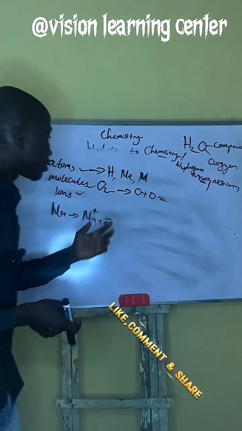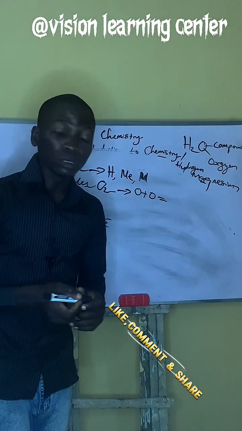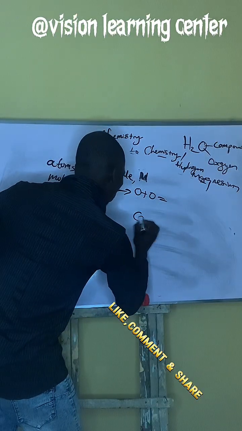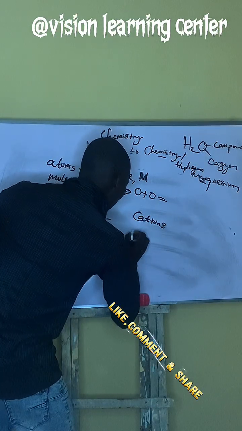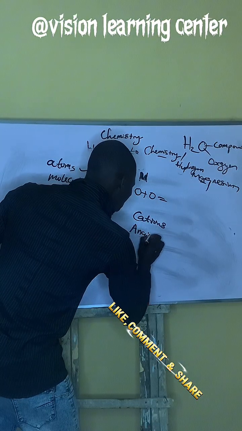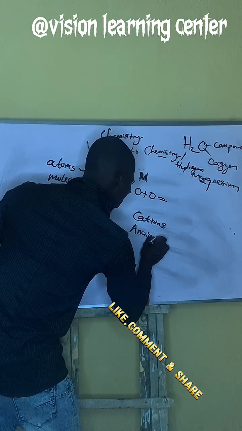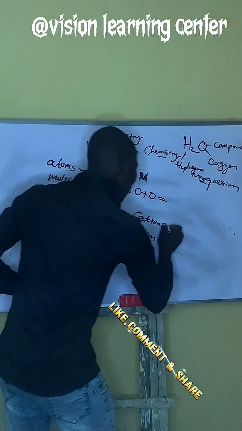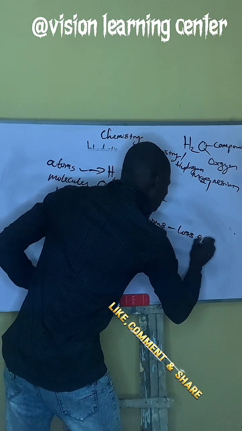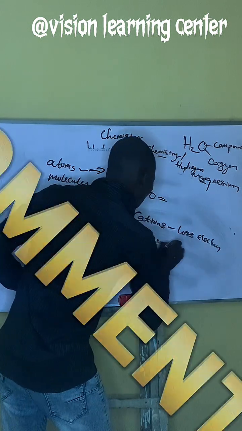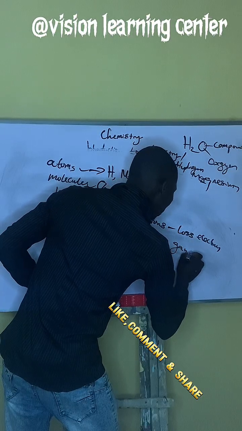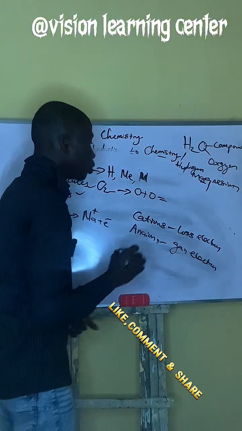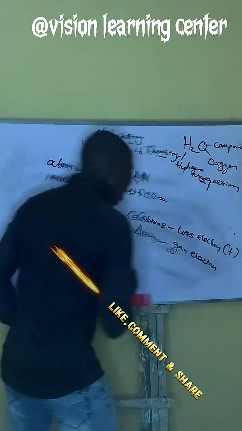We have positively charged ions, which are cations, and negatively charged ions, which are anions. When one loses an electron, it becomes positively charged.